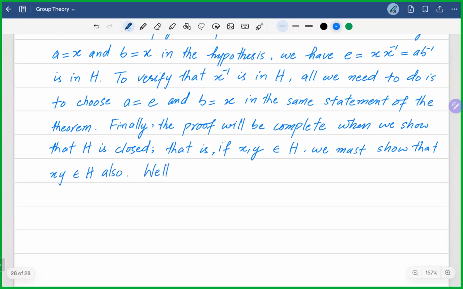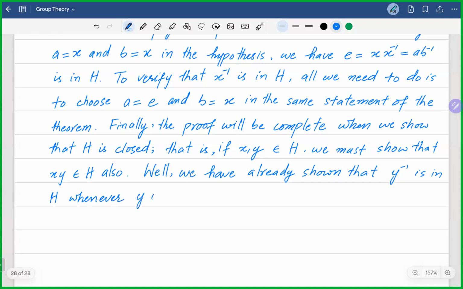Well, we have already shown that y inverse is in H whenever y is in H by the above argument.